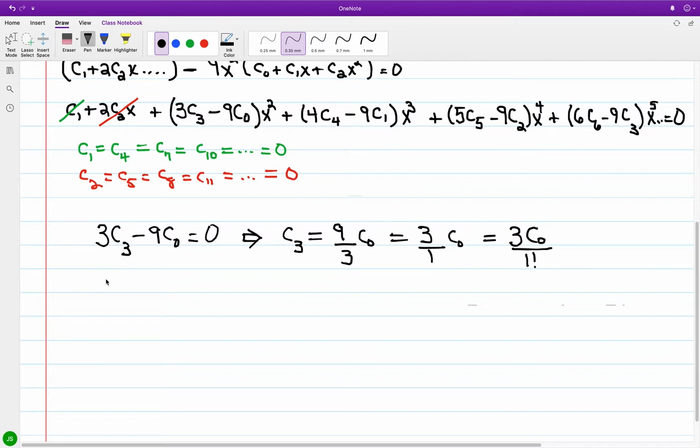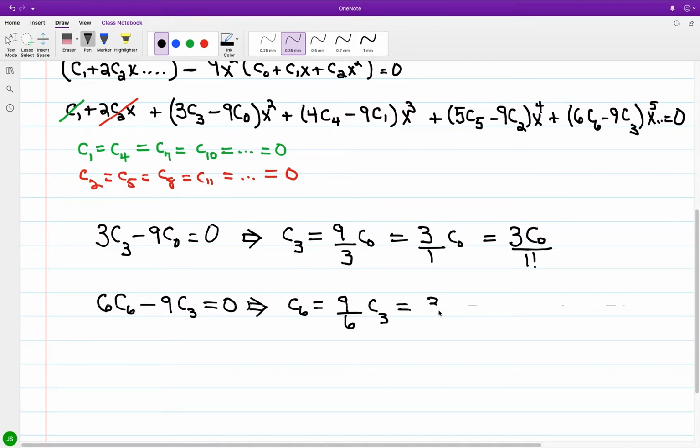So far, so good. And then next I have 6c of 6 minus 9c of 3 is equal to 0. And here I have c of 6 is equal to 9/6 of c3.